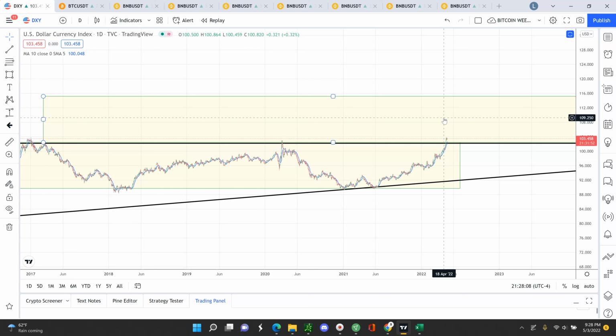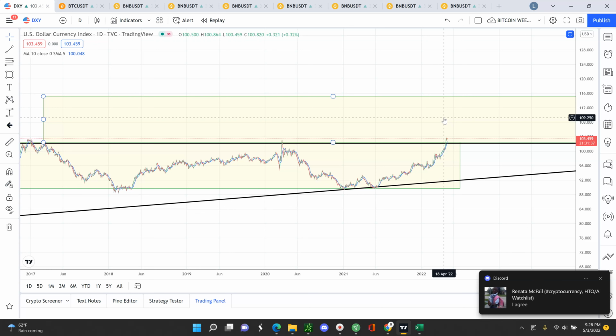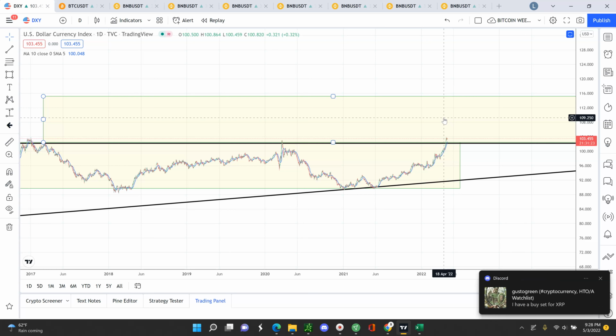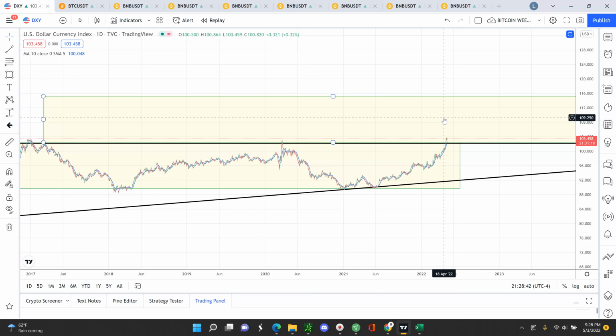Another thing about a strengthening U.S. dollar is that people tend to travel to countries where they get more bang for their buck. That's just a little tidbit that I would suggest you guys do your own research on. I've talked about that briefly with my people several times: watch the tourist industry.